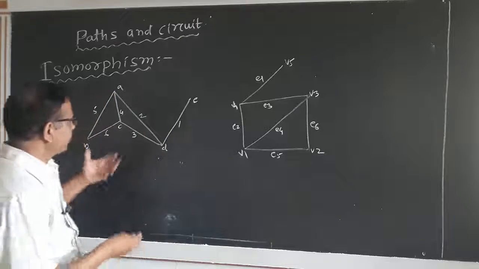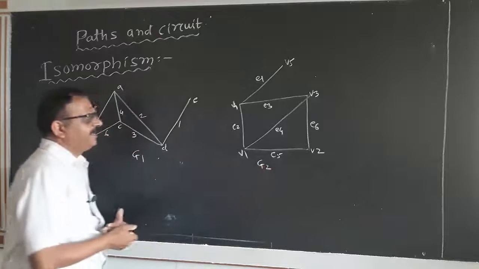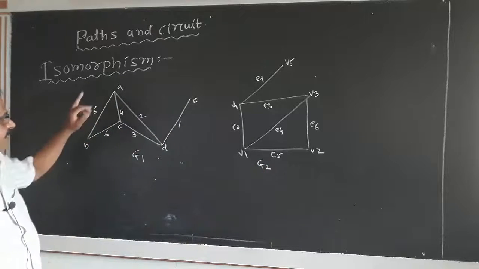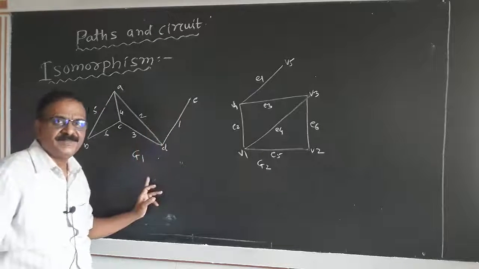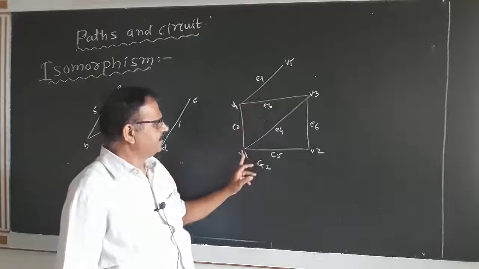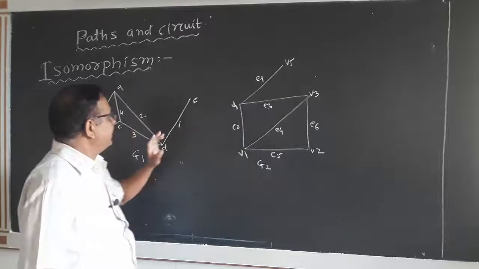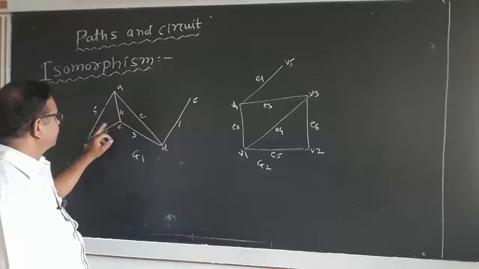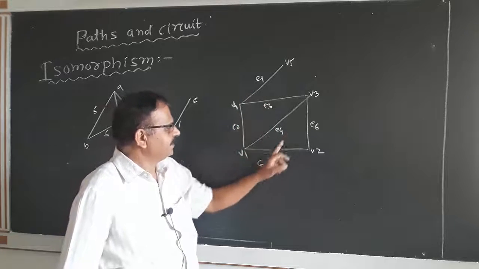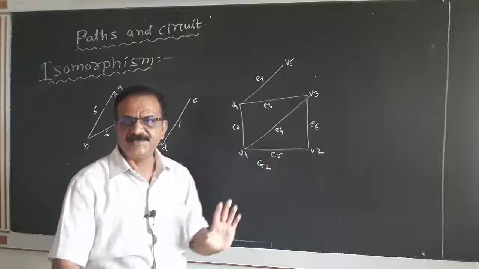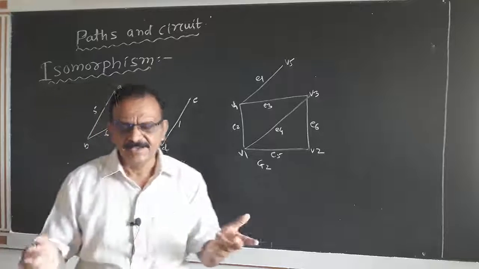We have drawn two graphs, G1 and G2. In these two graphs, there are 5 vertices A, B, C, D, E in G, and again 5 vertices V1, V2, V3, V4, V5 in G dash. There are 6 edges, E1, E2, E3, E4, E5, E6, here also. Thus both graphs contain the same number of vertices and the same number of edges.